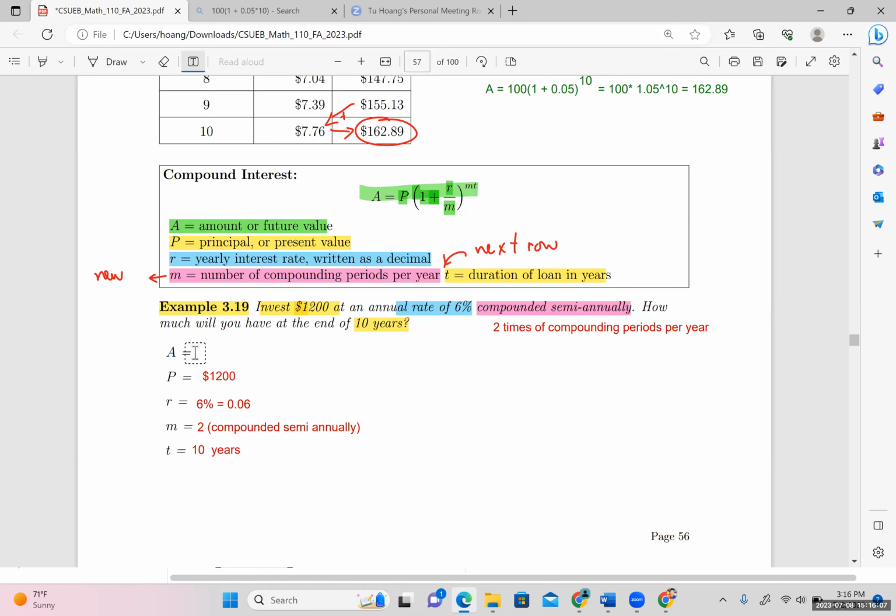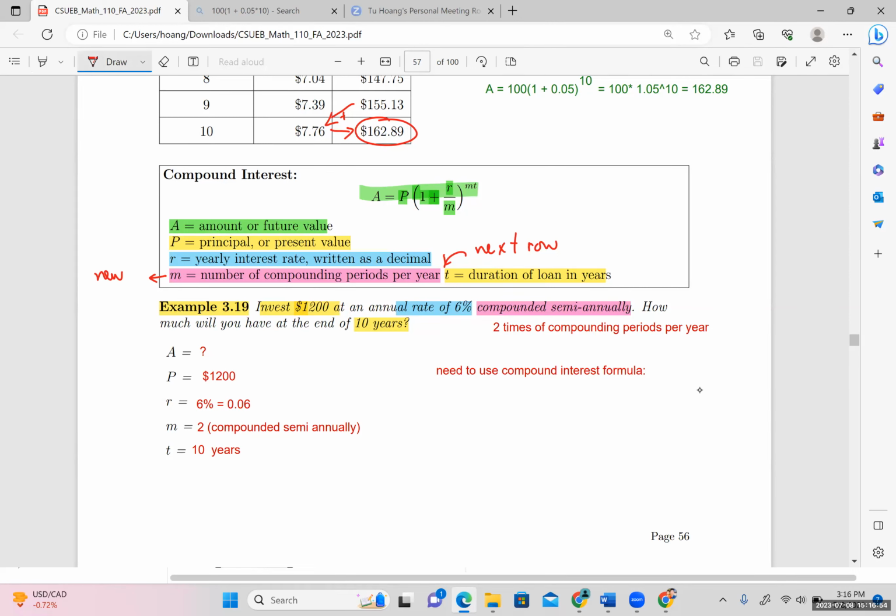Okay, so since we have the word compounded semi-annually, we need to use the compound interest formula. So I'm going to use my handwriting here.